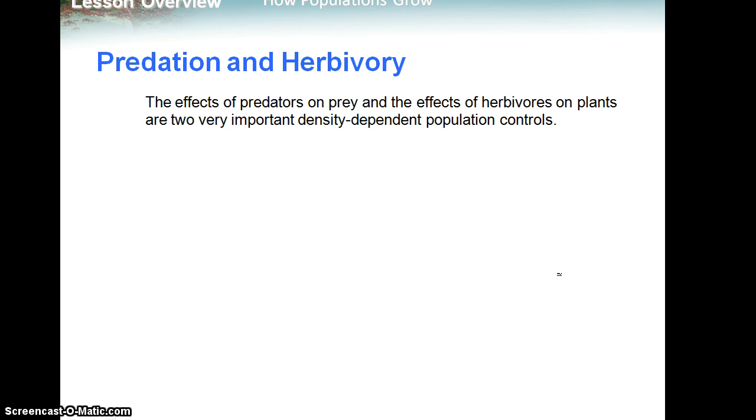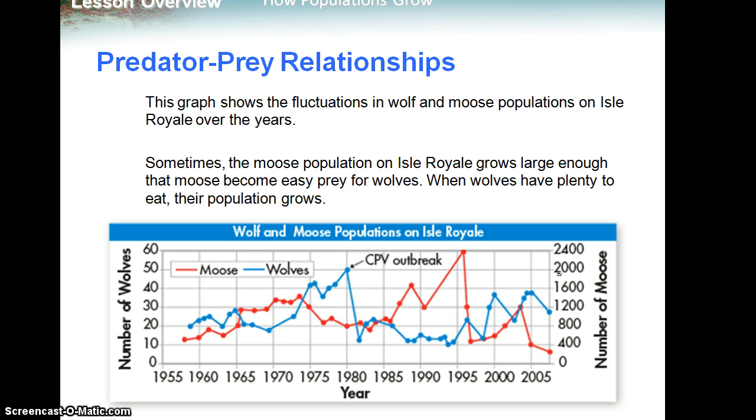If there's too many predators, then the prey population is going to decrease, and in turn the prey's population is going to affect the predator's population. Same with herbivory. And we've seen this in predator-prey relationships, and they've mapped it out on an island called Isle Royale in Lake Superior, and they've tracked moose and wolf populations.